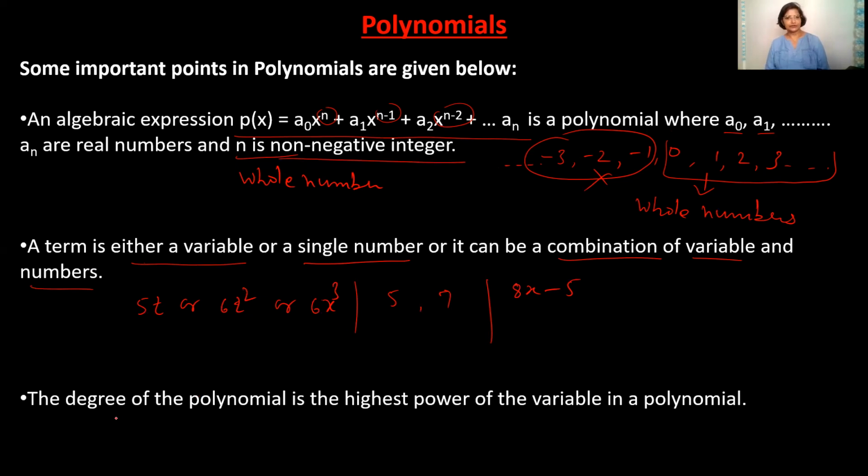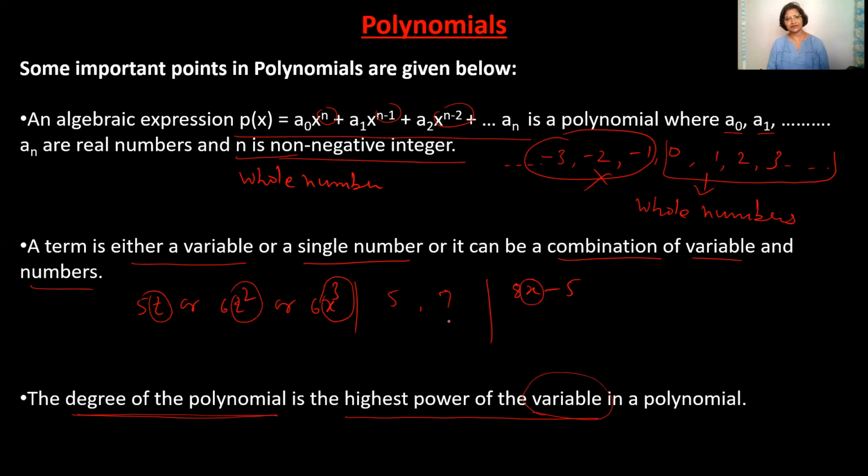The degree of a polynomial is also very simple. Only the thing I will tell you once and you will remember that for sure. Degree of a polynomial means the highest power of the variable in that polynomial expression. Highest power of the variable. First you have to recognize what the variable is. This is a variable. This is a variable.